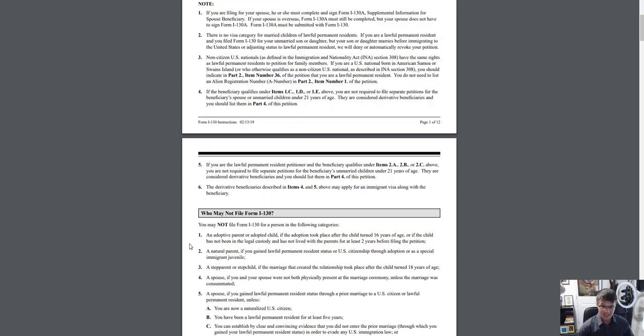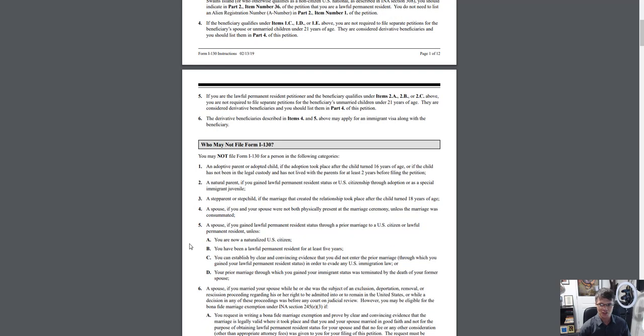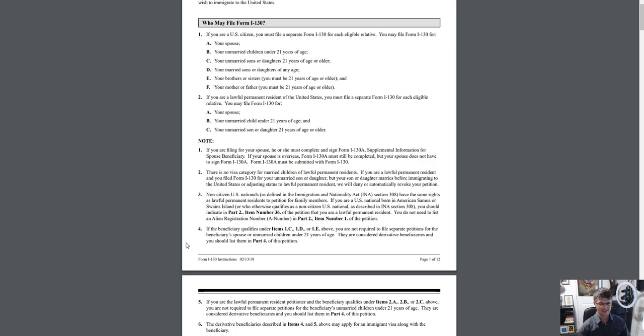Alright. If the beneficiary qualifies under item 1C, 1D, 1E above, you are required to file separate petitions for the beneficiary's spouse or unmarried children. If you are the lawful permanent resident petitioner and the beneficiary qualifies under items 2A, 2B, 2C above, you are not required to file separate petitions. Alright. Now that's good to know.